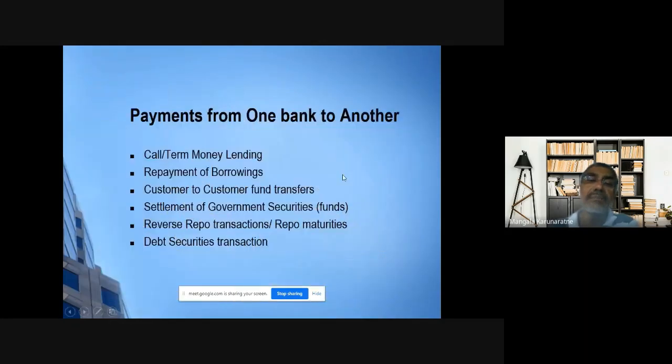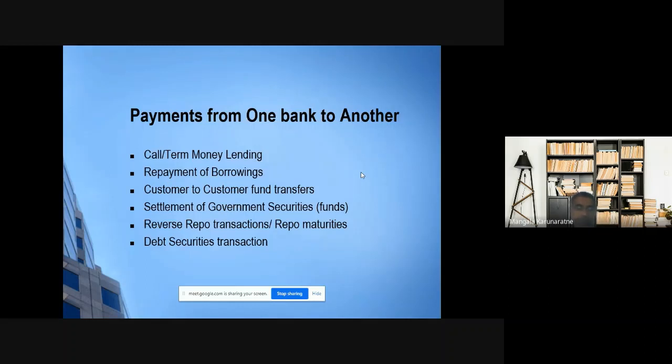And now, what are these payments from one bank to another? There can be other payments. I'm taking a bank because then it's easy to understand. But there can be a bank to primary dealer, a payment from a bank to a primary dealer, a payment from bank to another designated person, I mean, appointed institution.